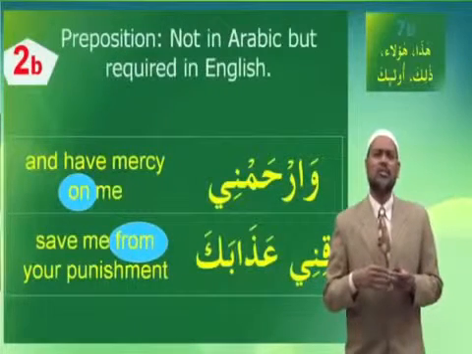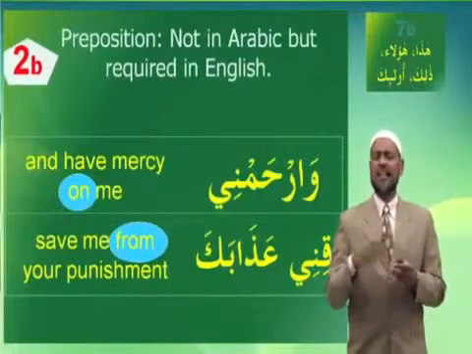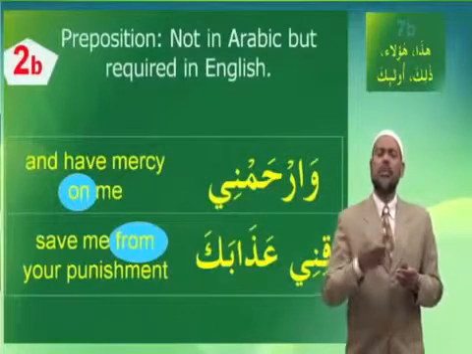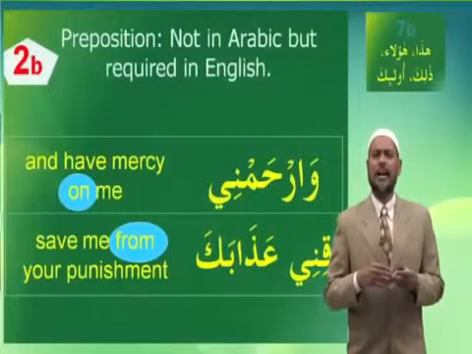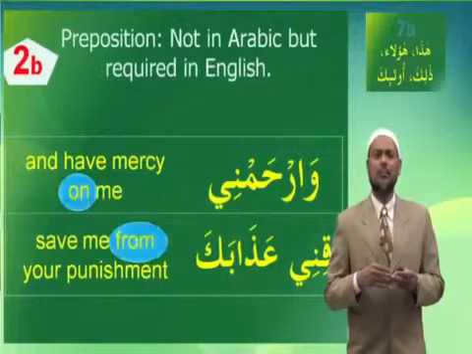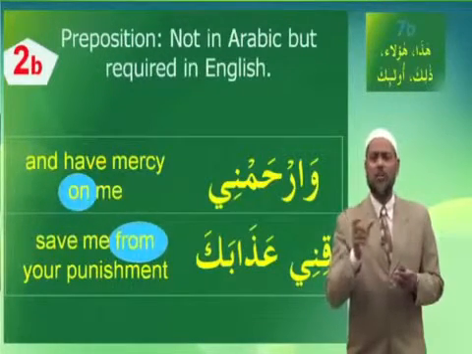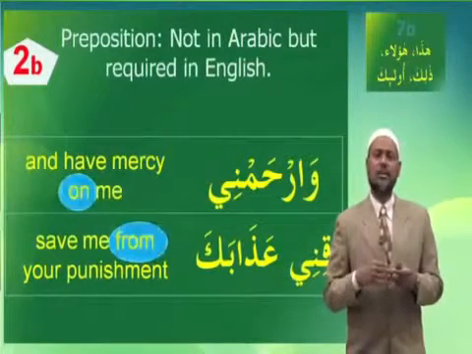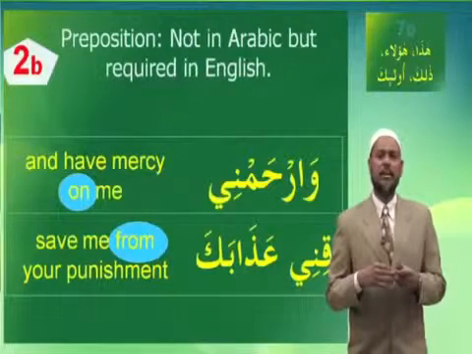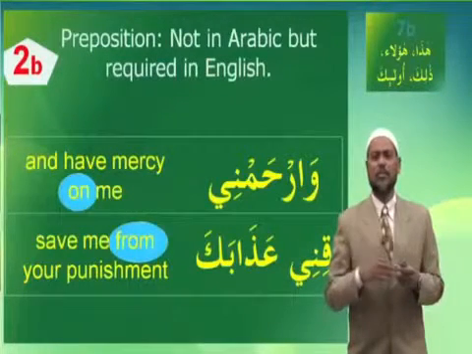The opposite also is true. For example, the preposition is not there in Arabic, but you will have to add it in English. For example, warhamni, and have mercy me. No, have mercy on me. You have to add the preposition on in English. Similarly, qini adhabak, save me, your punishment.